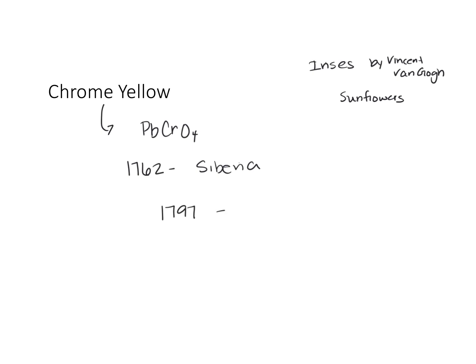A chemist whose name was Louis Nicholas Vauquelin basically figured out that this had an element that nobody had used before, or discovered. And he called it chromium, right? So the discovery of the pigment led to the discovery of the element, and the name is the Greek word for color.